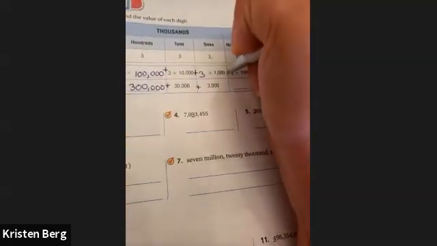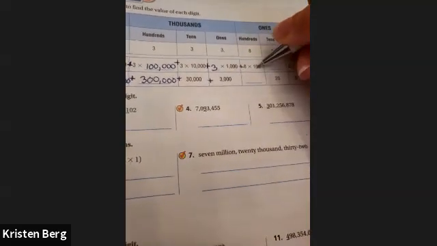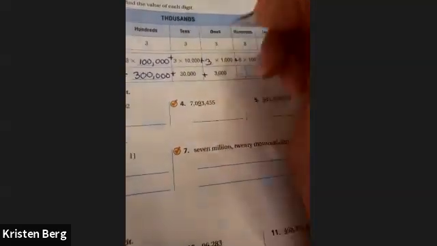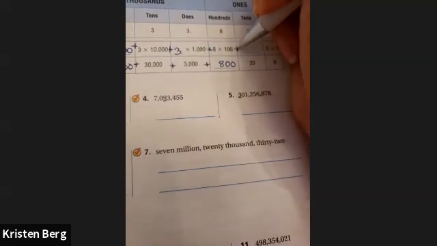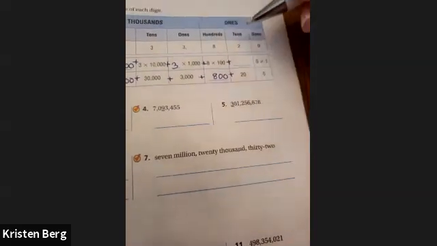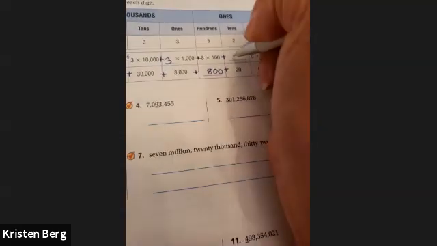Okay, this one, nothing is blank. But then they want to know 8 times 100 would be worth what? It should be 800. And then this one, we're going to add here. And then this one is what digit is it?